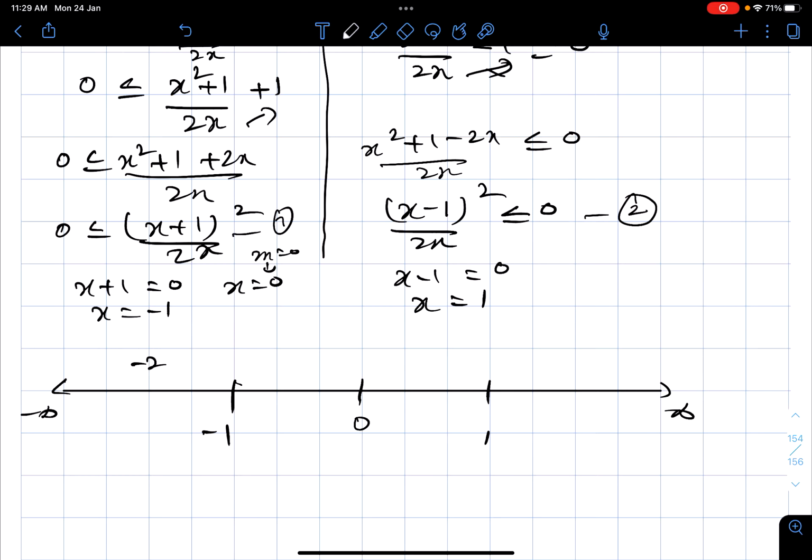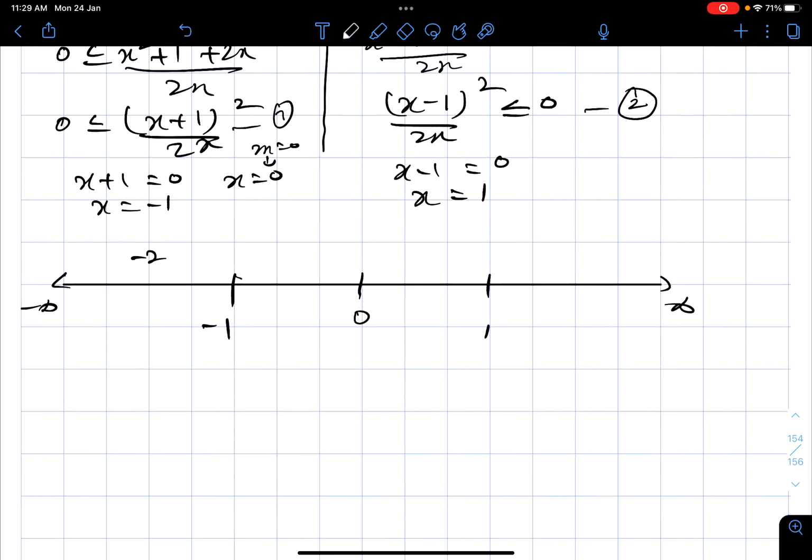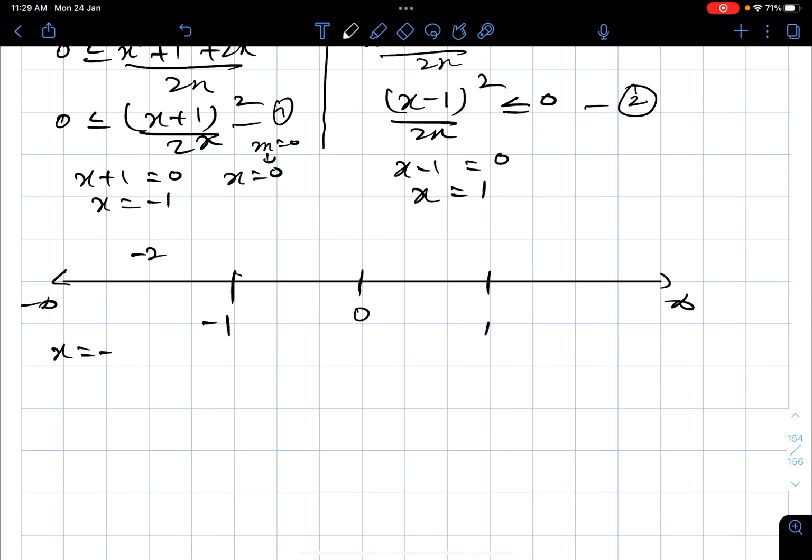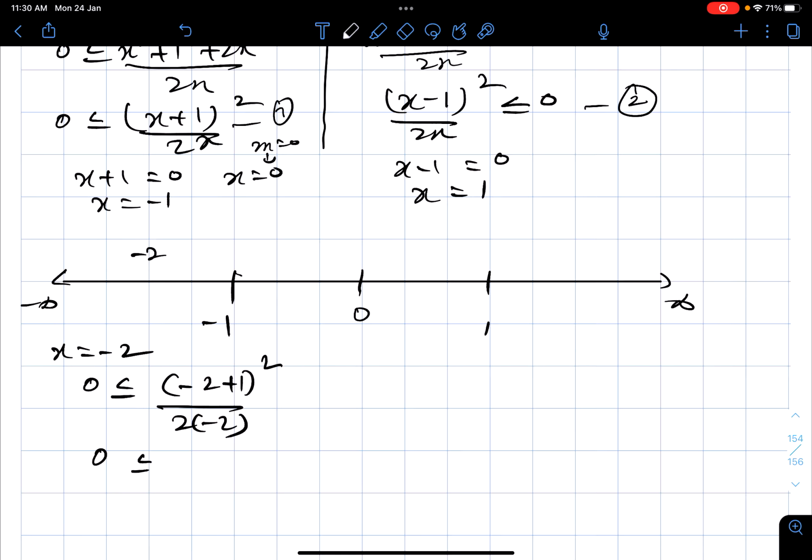In the first expression you are going to put x equal to minus 2. So 0 less than or equal to (minus 2 plus 1) the whole square by 2 into minus 2. Here minus 2 plus 1 is minus 1, the whole square is 1, and so 1 by minus 4, which is wrong.